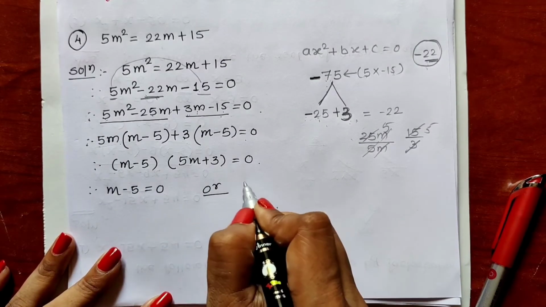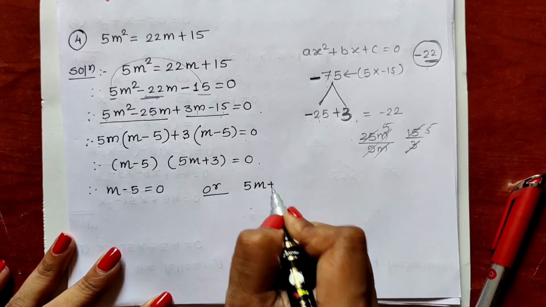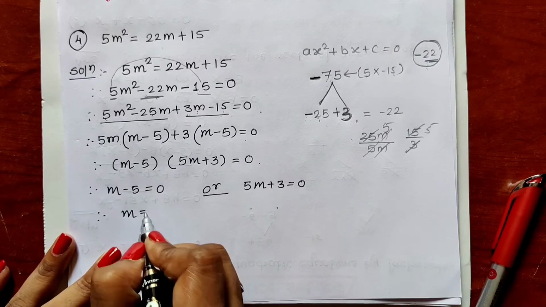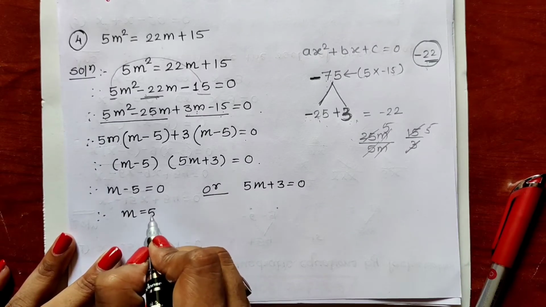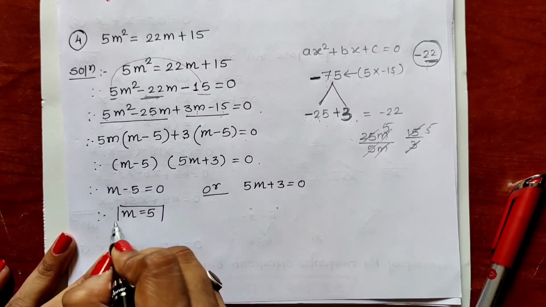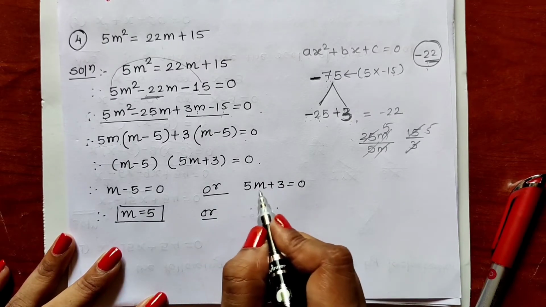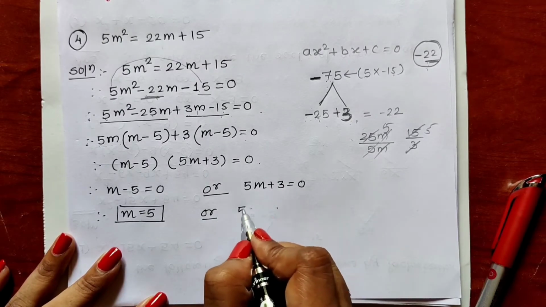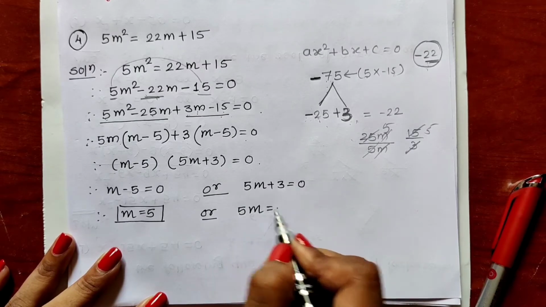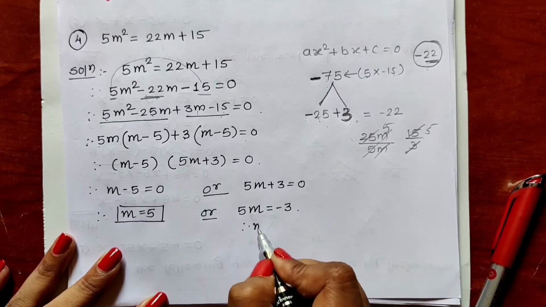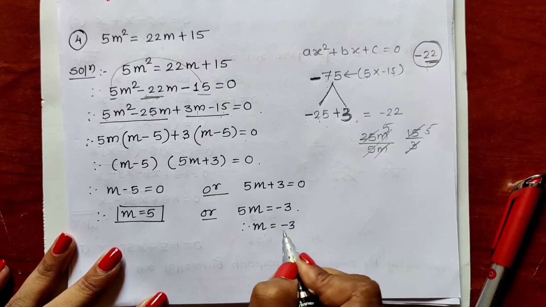Or the second bracket terms 5m plus 3 is equal to 0, and therefore m is equal to this minus 5 transferred to this side becomes plus 5. Or now here m is having a coefficient, so we should write 5m is equal to plus 3 transferred, it becomes minus 3, and therefore m is equal to minus 3 upon 5.